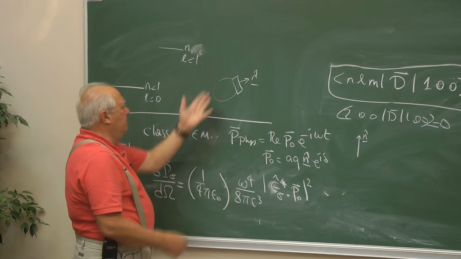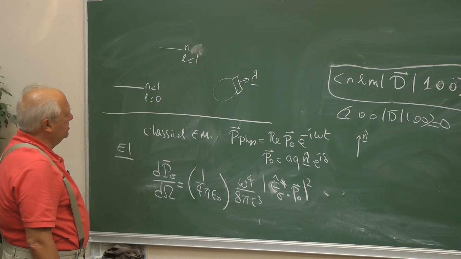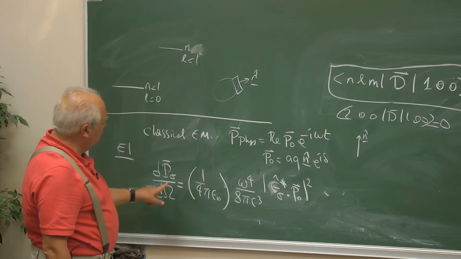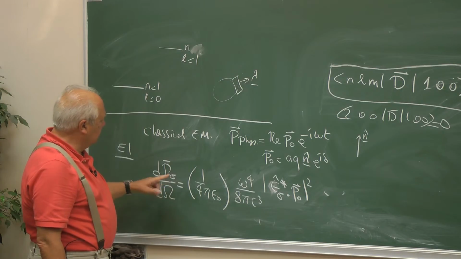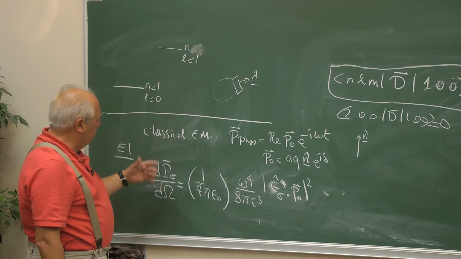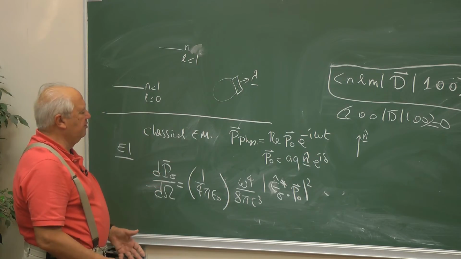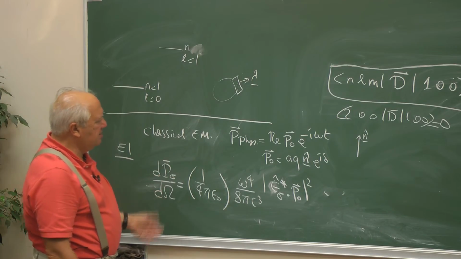Of course, you can use any complete set of vectors, but it's perhaps easier like that. Now, if you want the total power radiated in that angle, irrespective of the polarization, you have to sum over the polarizations. So let's do the sum.